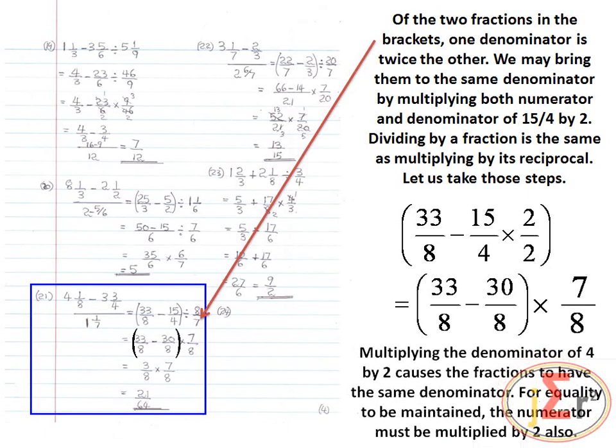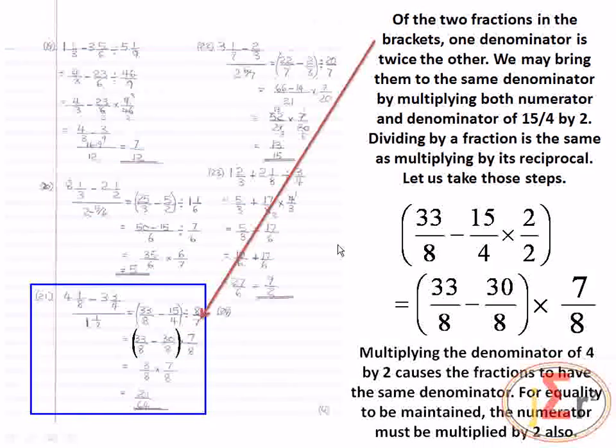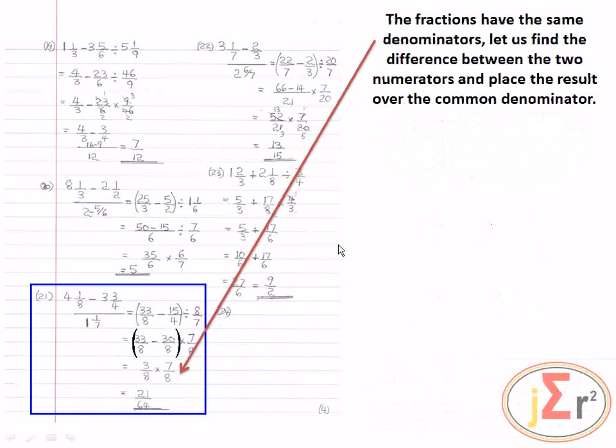Multiplying the denominator of 4 by 2 causes the fractions to have the same denominator. For equality to be maintained, the numerator must also be multiplied by 2. So we multiply the 15 by 2 also. And no doubt, in getting to this step, we say 33 minus 30. So 33 minus 30 is equal to 3. So we have 3 over 8.